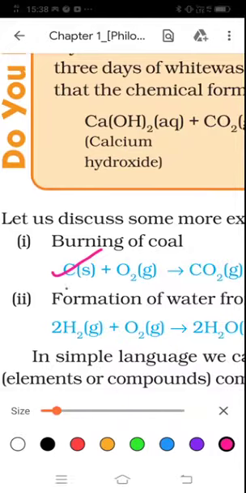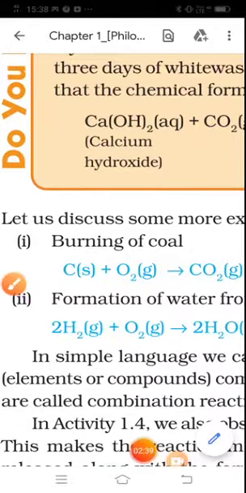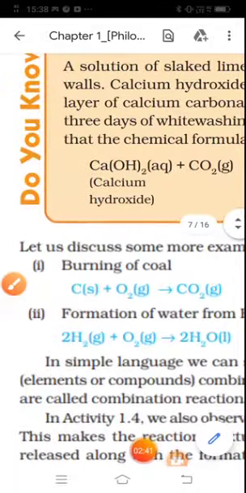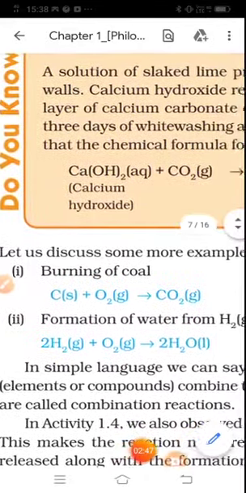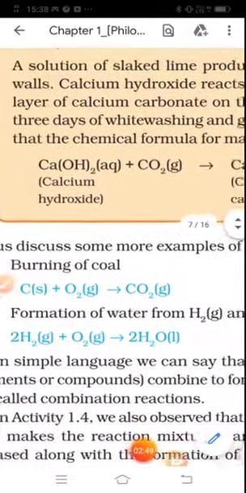Coal is found in solid form, that's why you have written solid here. O2 means oxygen, found in gaseous form. That's why you have to put G here, and this reaction is giving the product CO2.